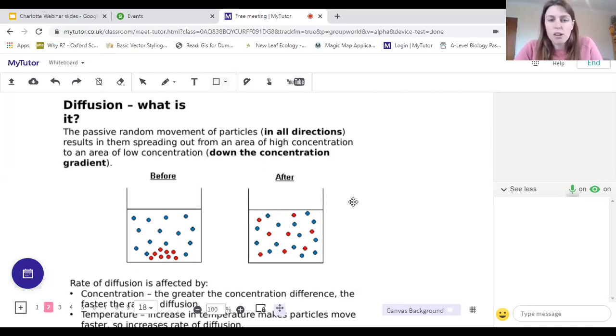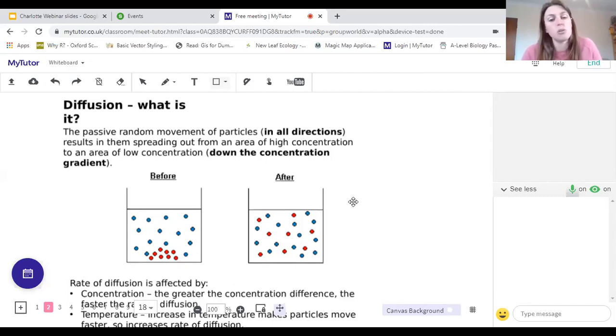And in brackets there, I've put down little things to note. So all particles are moving all the time. That's something that we've learned in lessons, probably over the last few years in your science lessons. So particles are always moving. They have a certain vibration and they move in all directions. And that can be affected by temperature, which we're going to talk about a bit more, but particles move randomly in all directions.